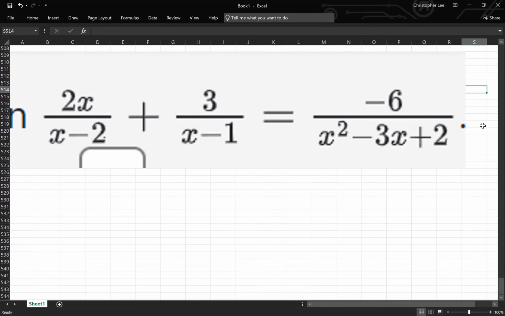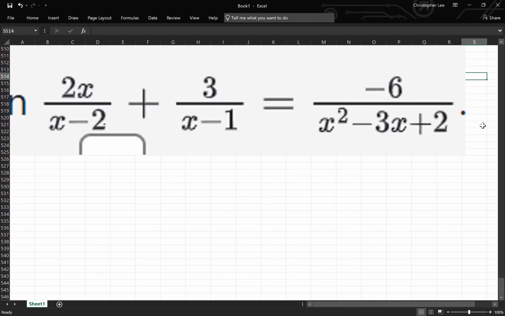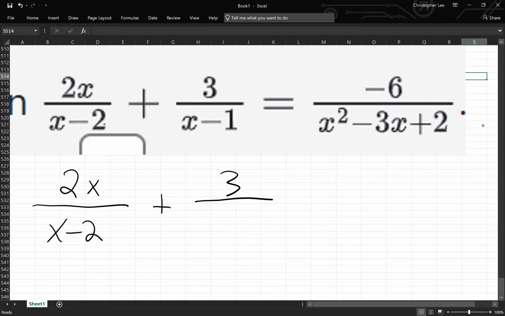So what do I do first here? Factor it, good. So I have 2x over x minus 2 plus 3 over x minus 1 equals what?